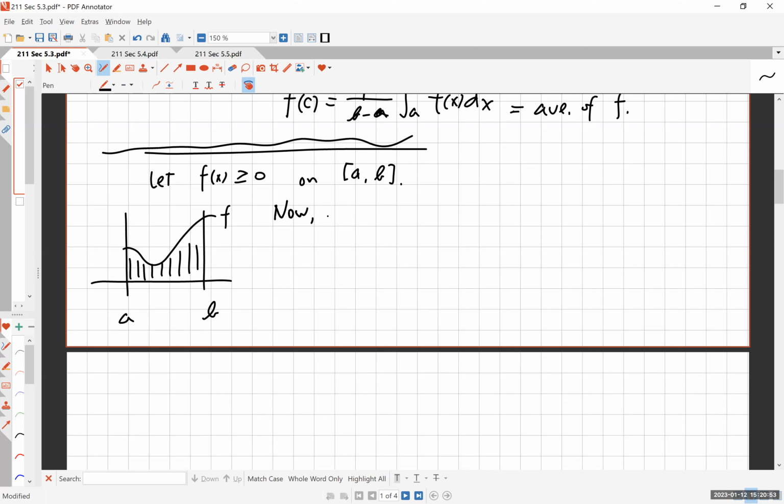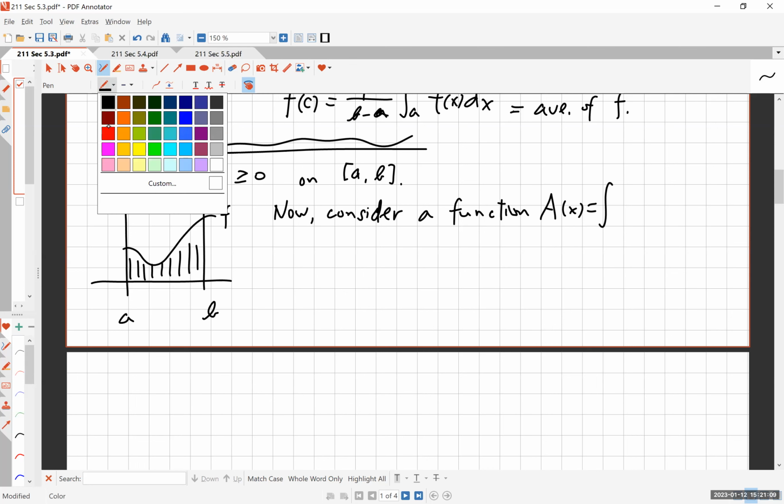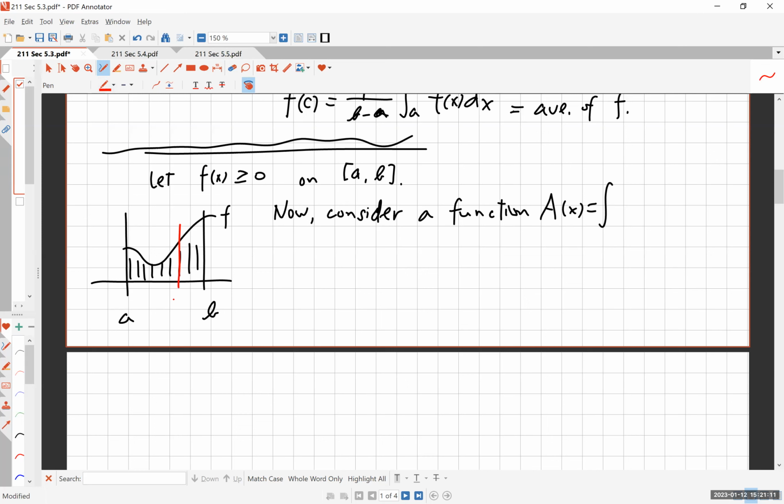Now, consider a function, not f, a new function that comes from f. Consider a new function, which we will call capital A of x. And watch what happens here. What I am going to do is define this for each x on this interval.